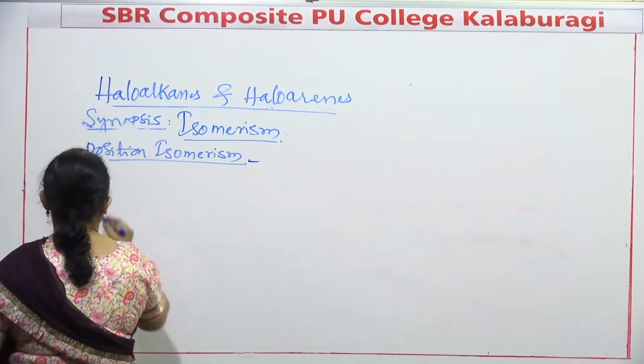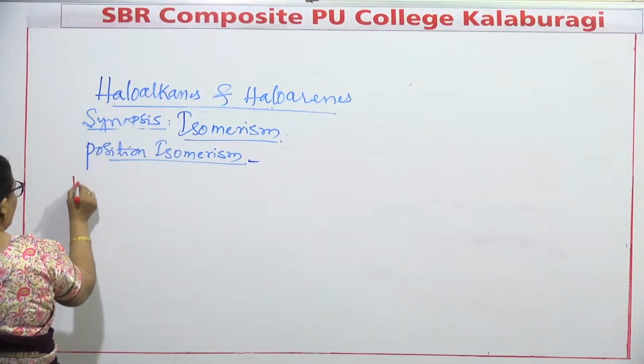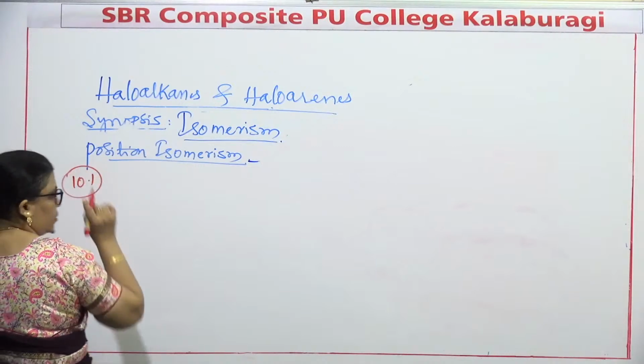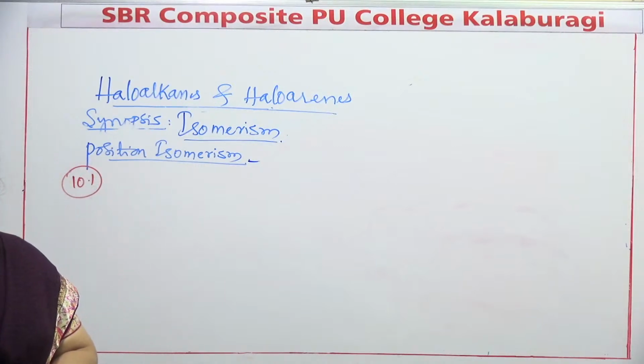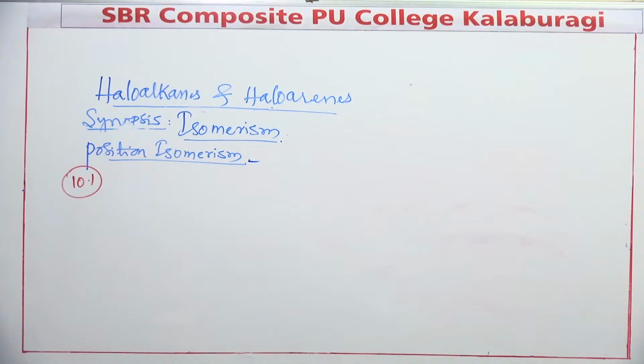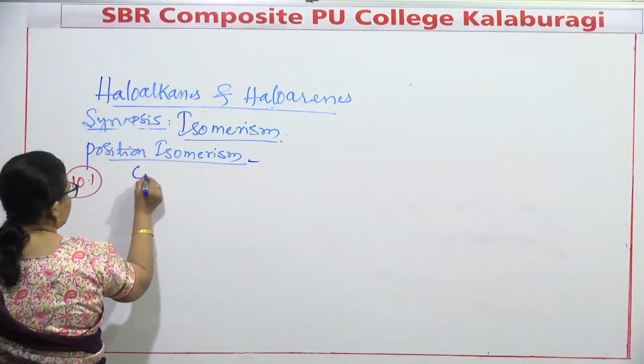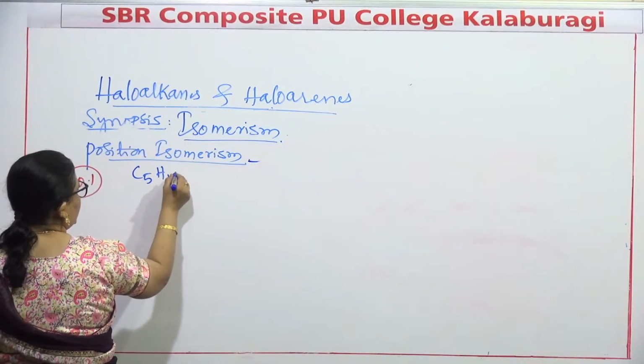Exercise number 10.1. First question. What have they given over there? Draw the structure of all 8 structural isomers having the formula C5H11Br. They have given in the question that the formula is C5H11Br.